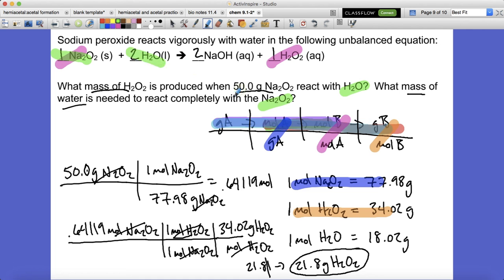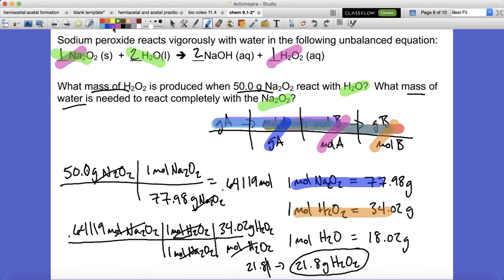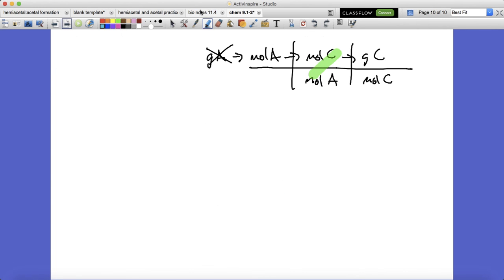It's 1 to 2 this time instead of a 1 to 1, which means I don't really get to skip a step in that case. But again, I'm going to do a ratio, and then I'm going to use a molar mass. Again, I already came up with that because I knew I was going to need it. My molar mass for water is 18.02. So I'm going to put that in that part of my work.